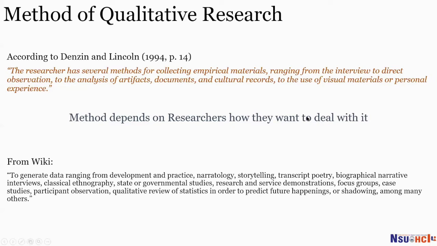So there are many methods, and there is no particular method, because the method completely depends on researchers and how they want to deal with the research. So it's completely up to us.